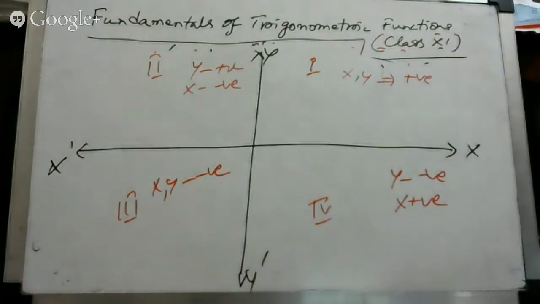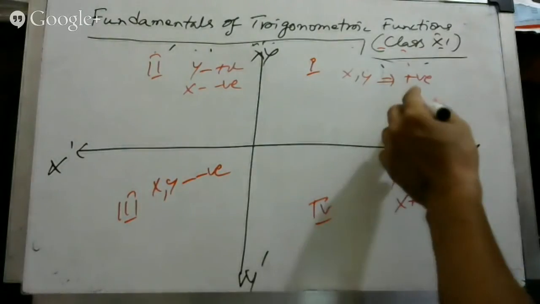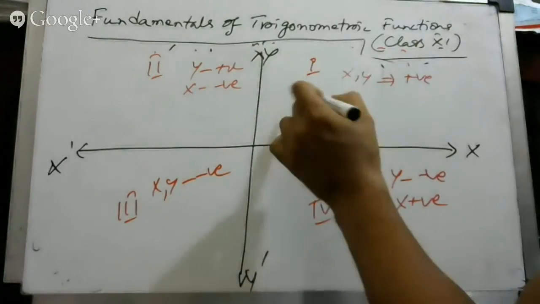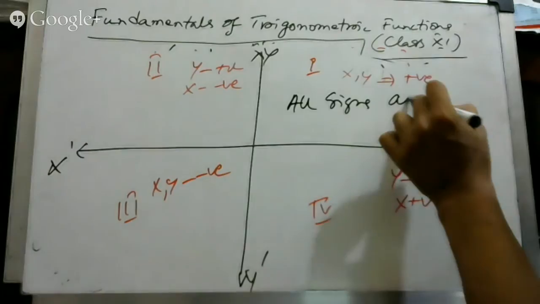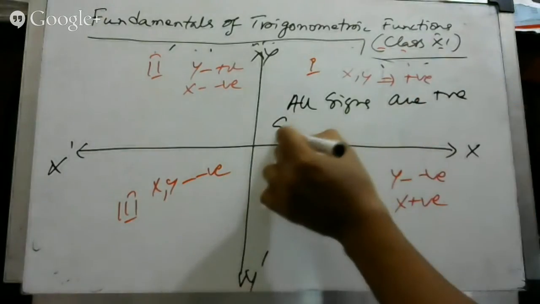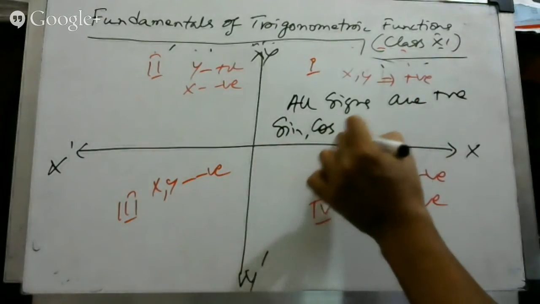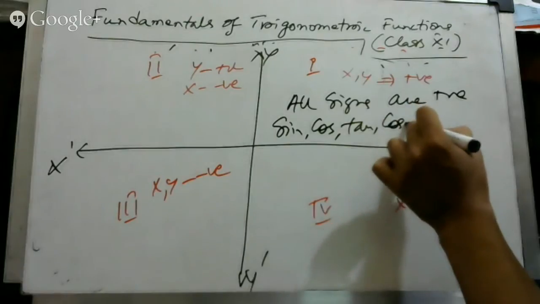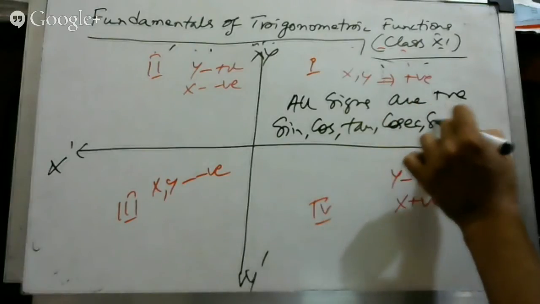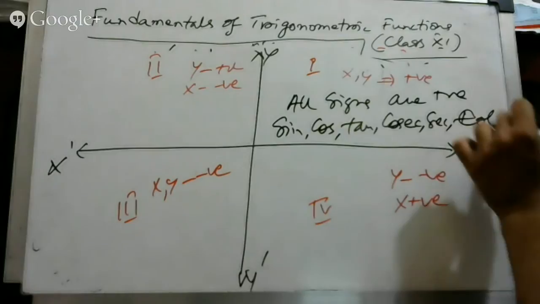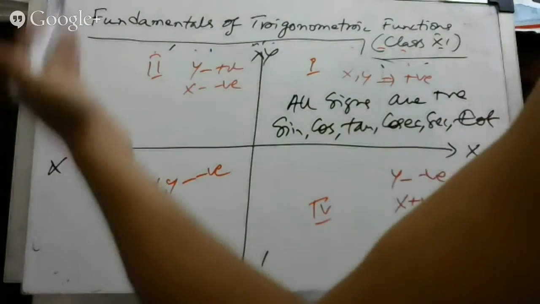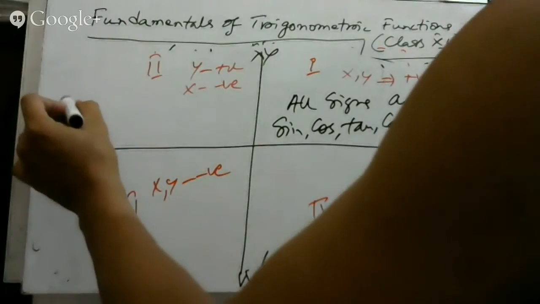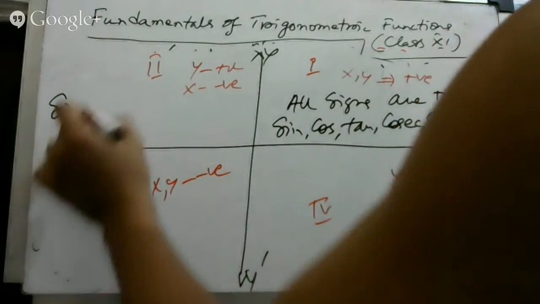Okay. So in this case, since everything is positive, all signs are positive. Signs means sine, cos, tan, cosec, sec, and cot. Everything is positive. Here we just saw, just previously, we saw sine positive.